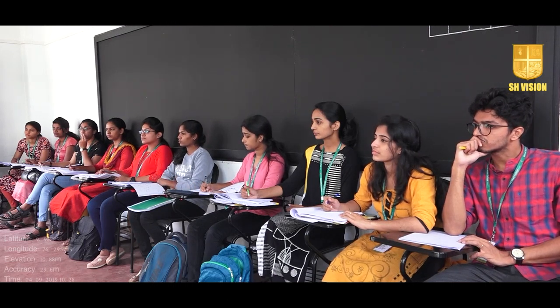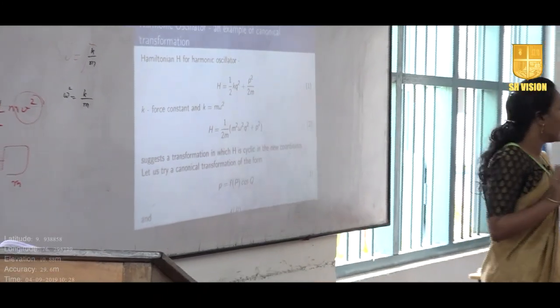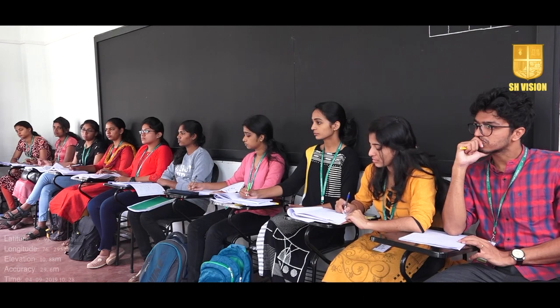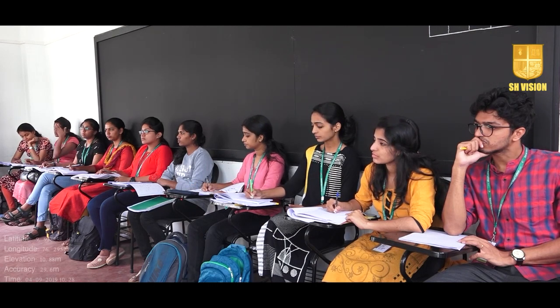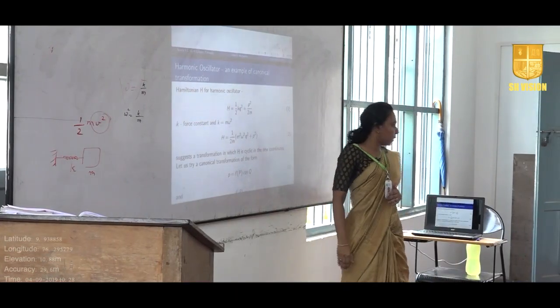Now you are going to try a canonical transformation of this form. Here we are using a trial approach to find a canonical transformation which can be used to solve this harmonic oscillator problem.